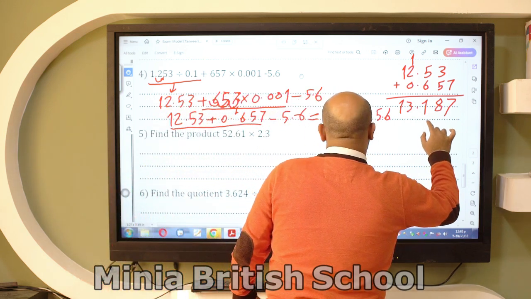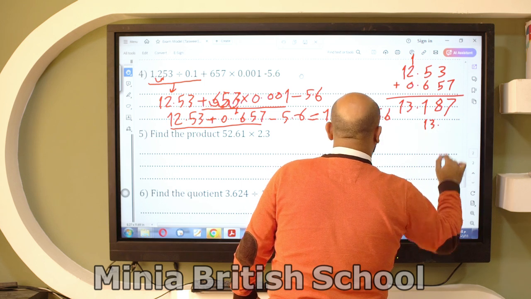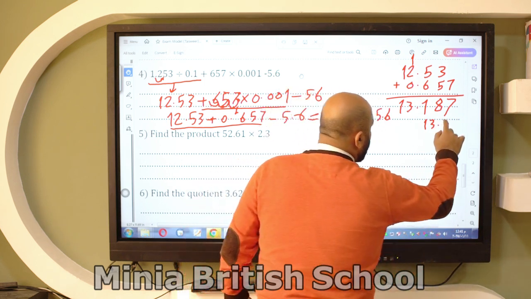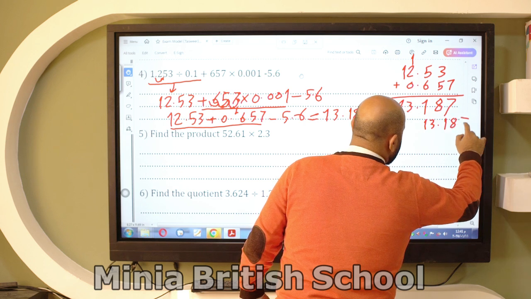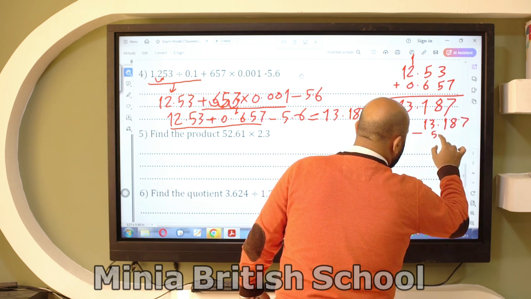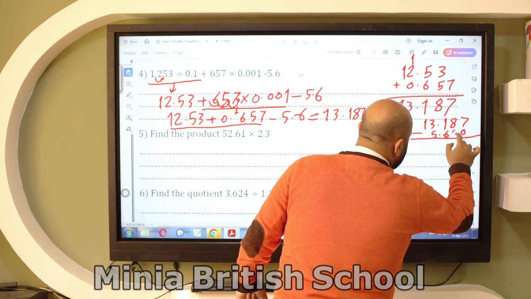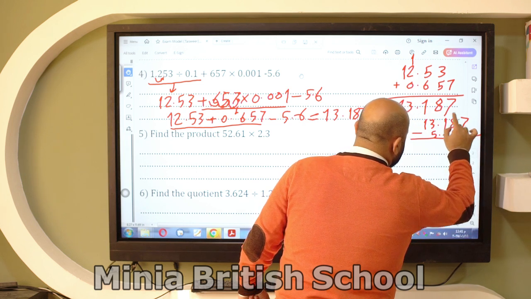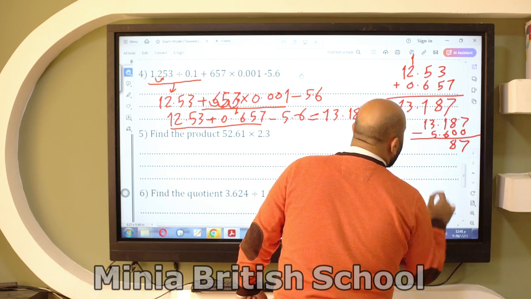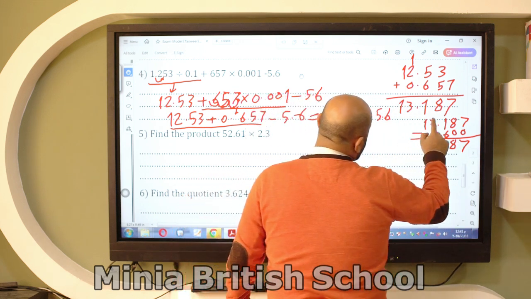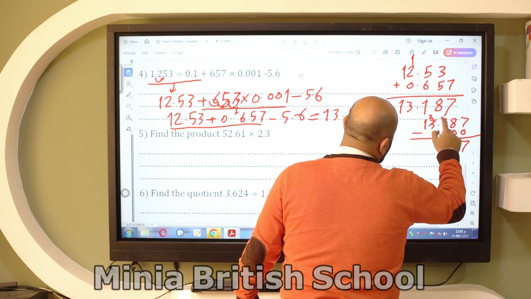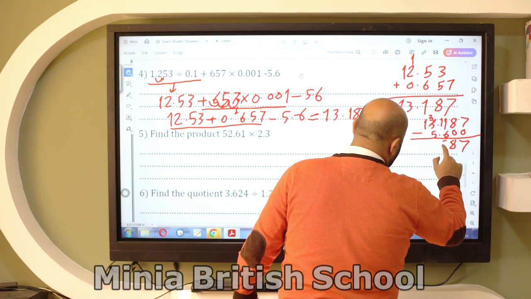Okay, I have 13.187 minus 5.6. Let's make the subtraction. 7 minus 0 equals 7. 8 minus 0 equals 8. 1 minus 6, it can't be. So the 3 will be 2 and 1 will be 11. 11 minus 6 equals 5.